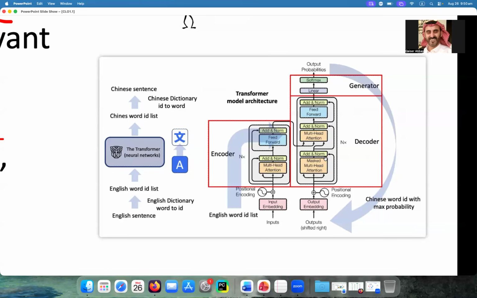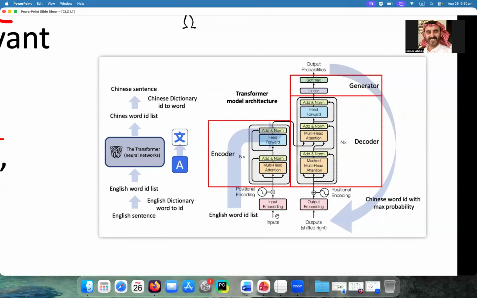This is a little bit more detailed diagram. Here you are giving input, which is an English sentence, and then you are generating embeddings for these inputs. Embedding means an embedding vector. When we say IDs, you are converting the English sentence into IDs, which are numbers according to the dictionary.